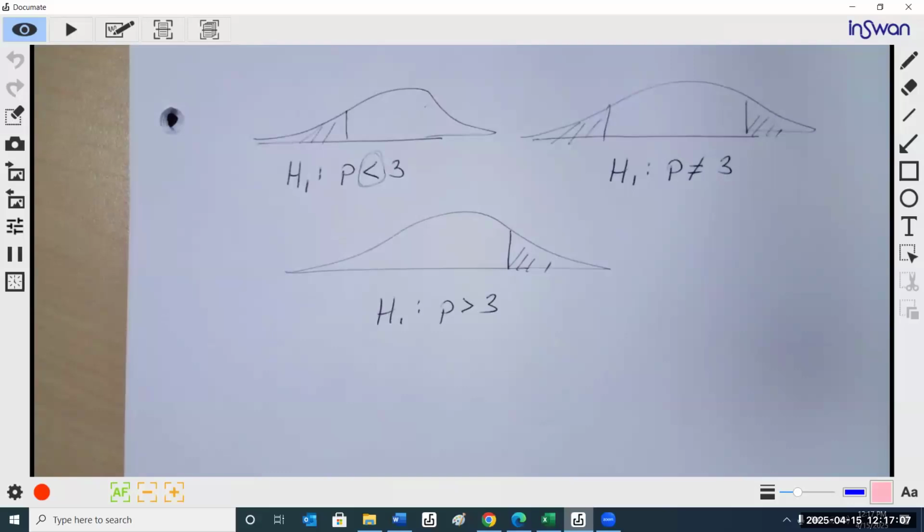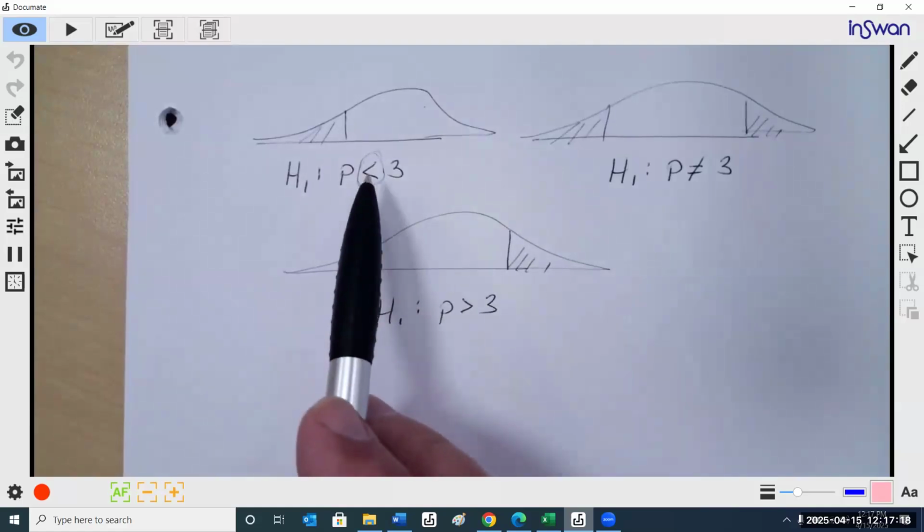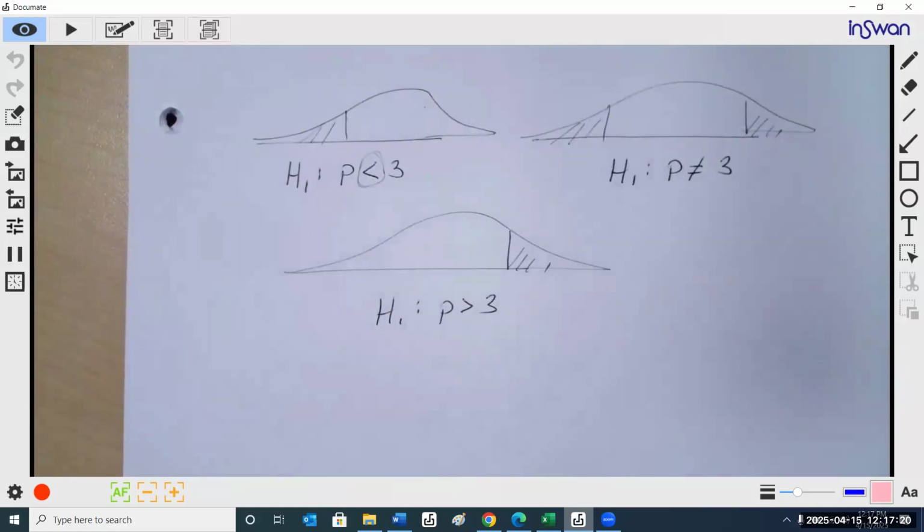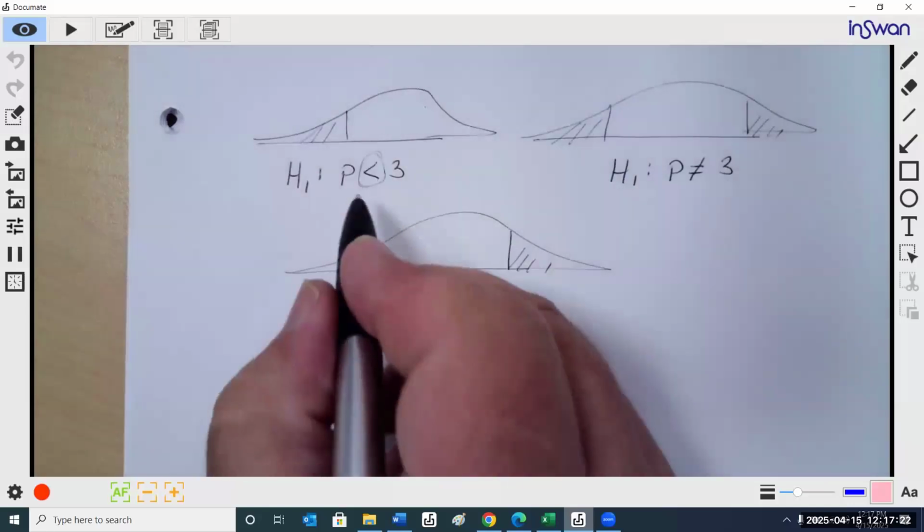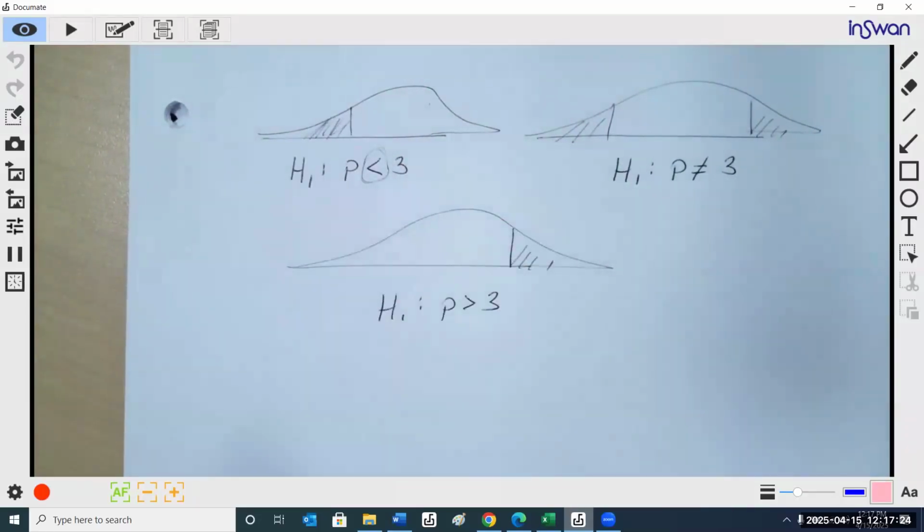The very first step is you have to determine what is the null hypothesis. Once you have the null hypothesis, then you calculate the alternate hypothesis. Once you have the alternate hypothesis, you know what kind of test it is. If it's pointing to the left, it's a one-tail left test.